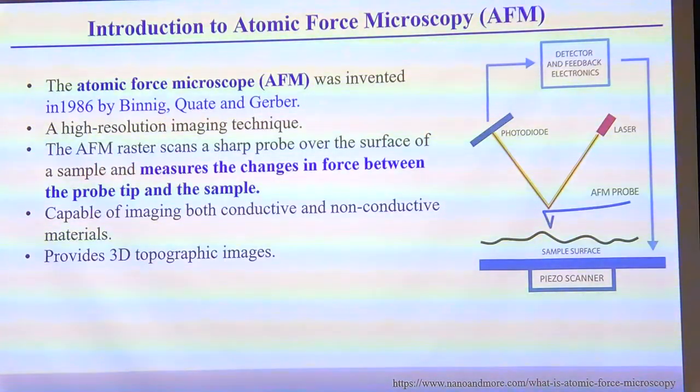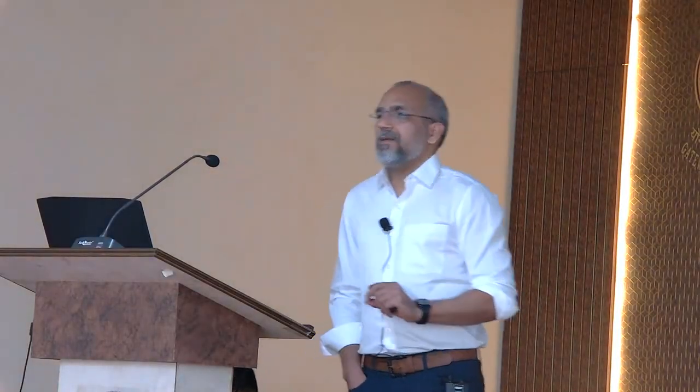It is useful for both conductive and non-conductive material, and it can also provide 3D topographic images. In addition, the AFM has different modes, for example conductive AFM, where you can determine the conductivity of your nanomaterial, whatever you have on the substrate.